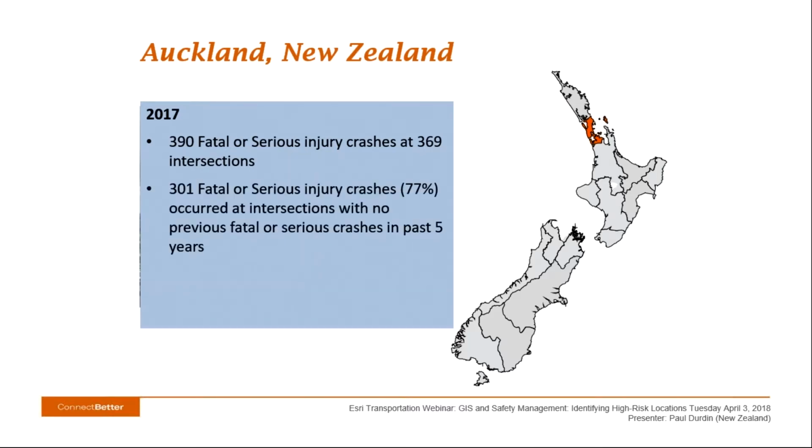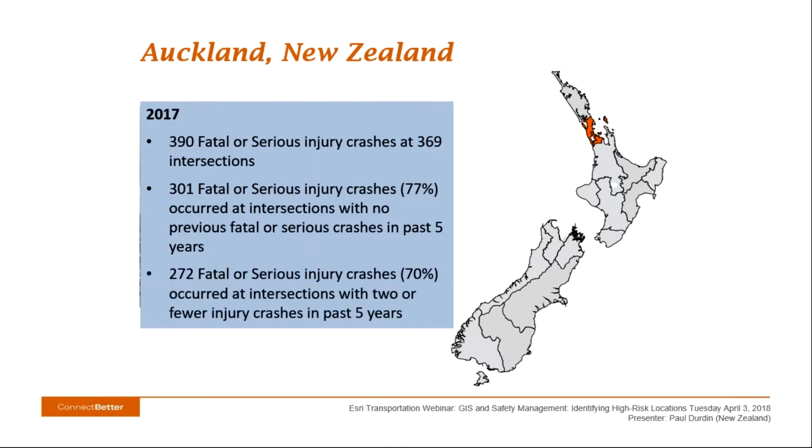Now, 301 of those, or 77%, occurred at an intersection where there had been no previous fatal or serious crashes in the past 5 years. And 272, or 70%, occurred at intersections with 2 or fewer injury crashes in the past 5 years.